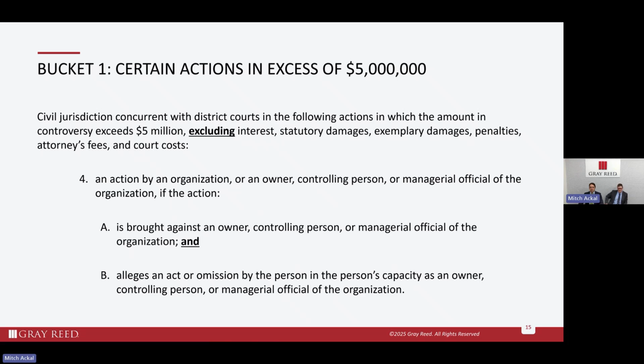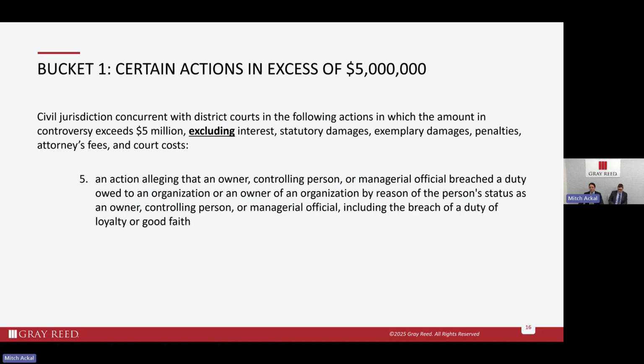So these will be fiduciary duty cases, again, exceeding $5 million. The next sub bucket is very similar, but it just doesn't say who brings the action. It just says any action alleging that an owner, controlling person, or managerial official breached a duty owed to an organization by reason of that person's status. So we're not sure yet how the courts are going to gloss on number 4 and 5 and how they're different.